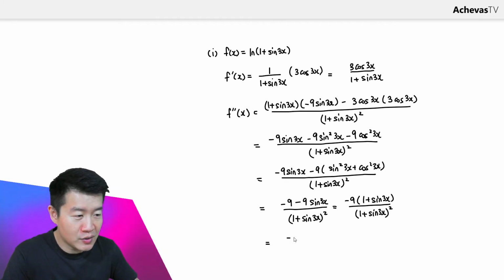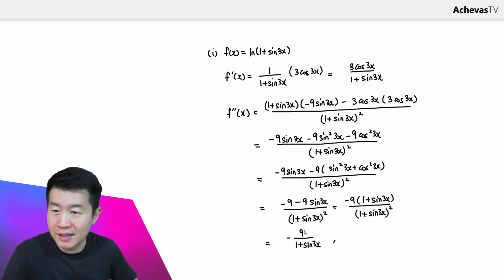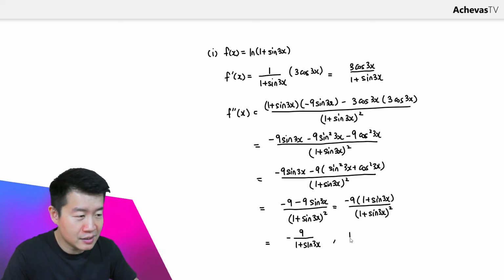That leaves us with a constant minus 9 in the numerator, divided by 1 plus sine 3x. It is in exactly the same form as what the question wants. The question says that this is k, which means that in this case here, k is going to be equal to minus 9.